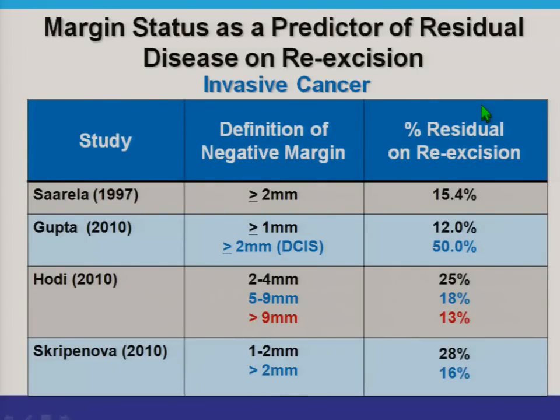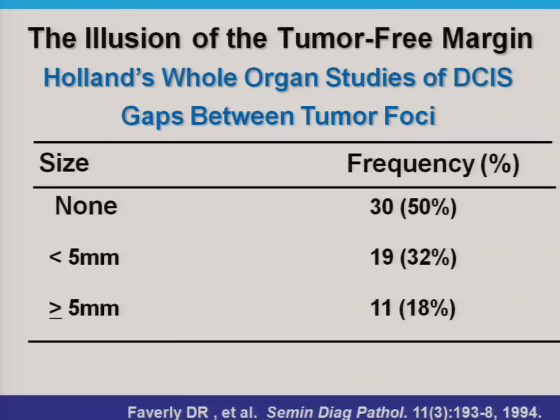Well, does a positive margin mean you have residual disease? Well, if you look at the negative margin, 15% of the time, if it's greater than 2 millimeters, you have residual disease. If it's greater than 9 millimeters, in this study, 13% of the time. So a negative margin does not mean you do not have residual disease.